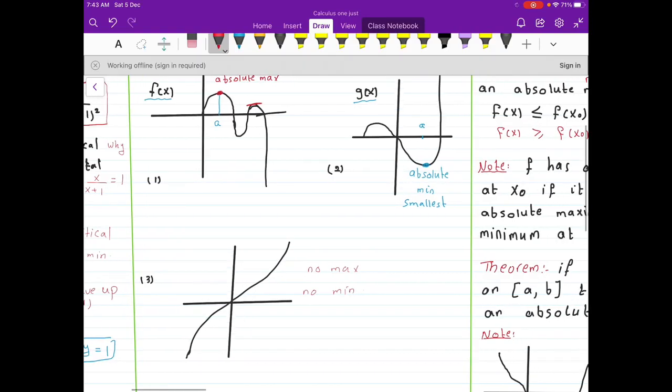If we define this function on a closed interval [a, b], with this point (a, f(a)) and this point (b, f(b)), it has an absolute max and an absolute minimum. Obviously, at this point is the absolute minimum and at this point the absolute max.